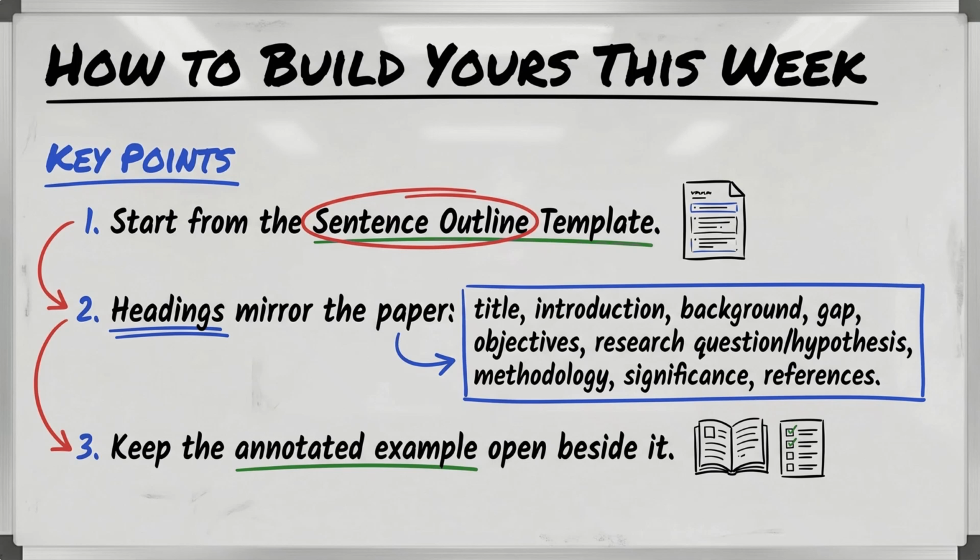Keep the annotated example open right beside it as you work. This will give you a clear standard to follow and help you see how each section should look. For instance, when you're outlining your methodology, you'll specify the exact tissue processing steps, the type of microtome used, and the specific staining reagents. This template is your guide to structuring your thinking effectively.